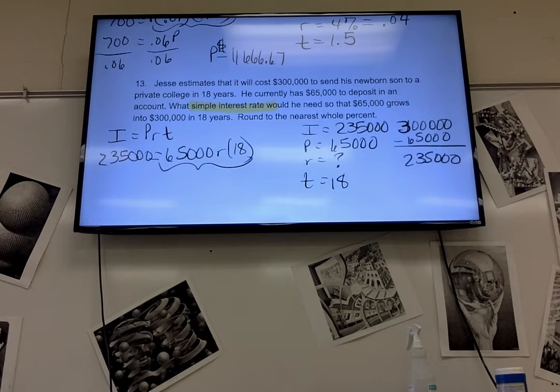So we'll multiply those two numbers together. 65,000 times 18. So it's like 1,000,000 something. And divide by that number.